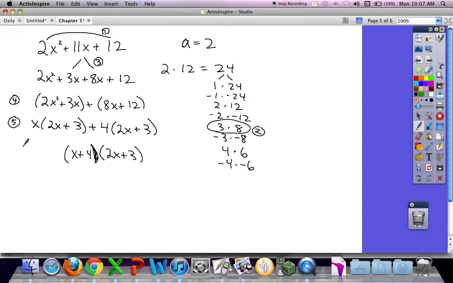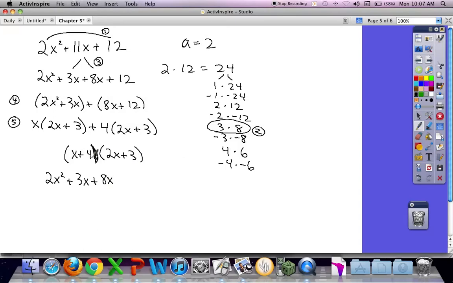Okay, now, if you want to see how we could FOIL that and get back to where we started, then go ahead and do it. First, x times 2x is 2x squared. X times 3 is plus 3x. 2x times 4 is 8x.